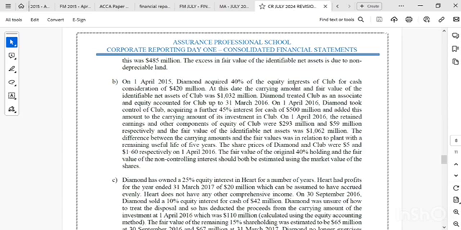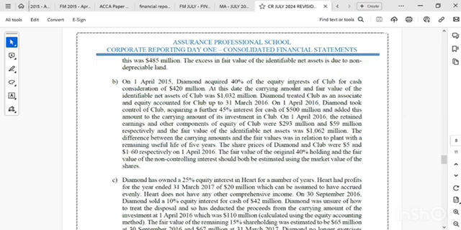On 1 April 2016, the retained earnings and the other components of equity of Club were $293 million and $59 million respectively, and the fair value of the identifiable net assets was $1,062 million. The difference between the carrying amount and the fair value was in relation to a plant with a remaining useful life of 5 years.